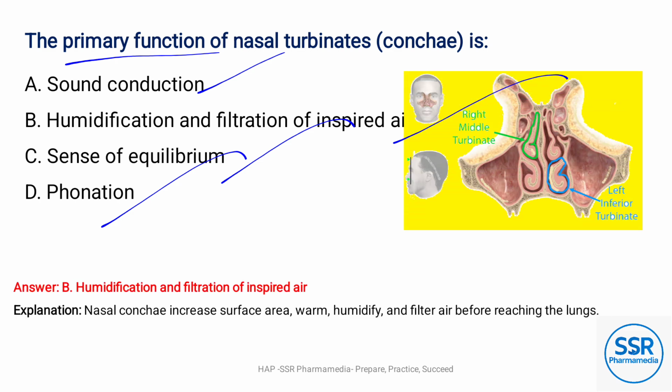The answer is option B, humidification and filtration of inspired air. The conchae are also called nasal turbinates. Nasal conchae increase surface area, warm, humidify and filter air before it reaches the lungs.